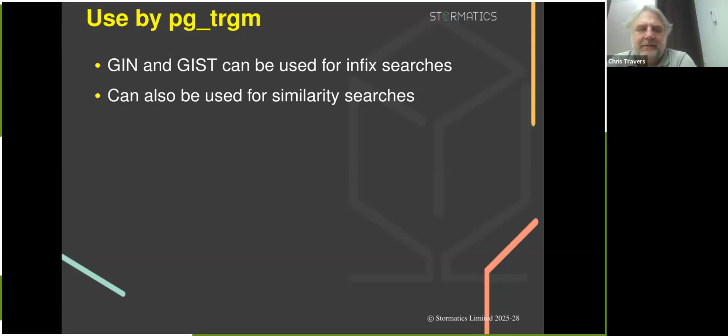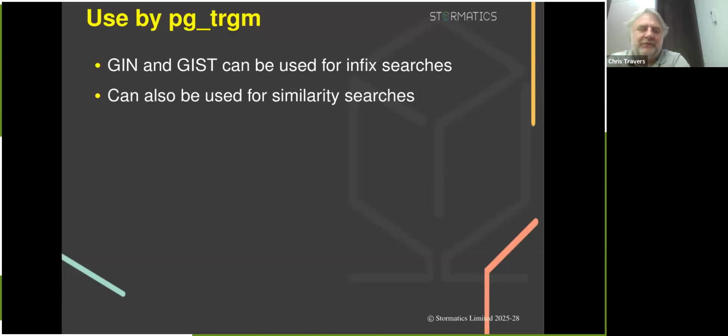GIN and GiST indexes can be used for infix searches if you're clever. What pg_trgm does is this is an extension that ships with Postgres. If you're installing from packages, it might be in a contrib package. Basically, it gives you GIN and GiST op classes for infix searches, among other things. So I can basically search for a string inside another string.